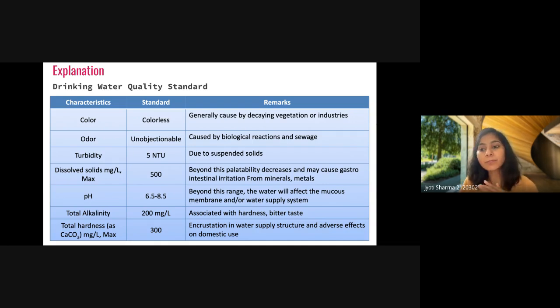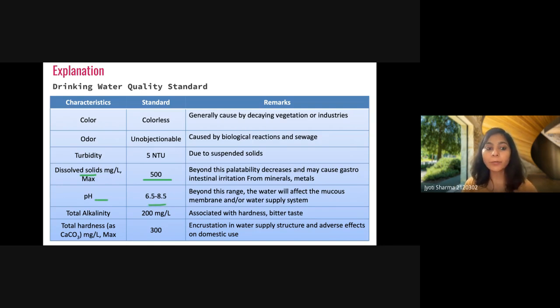Likewise, we also have some standard in drinking water quality. For example, color should be colorless, odor should not be objectionable, turbidity should not be more than 5 NTU, dissolved solids should not be more than 500, and pH should be between 6.5 to 8.5.